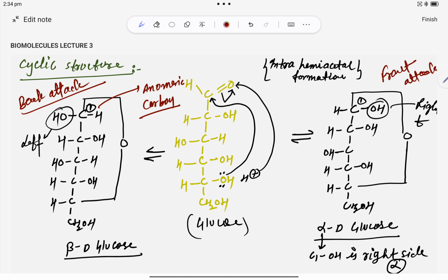So it's just simple, go through it once. Carbon number 1 is called anomeric carbon. What are anomers and epimers? So just simple, here only I am writing. Anomers are kind of epimers.